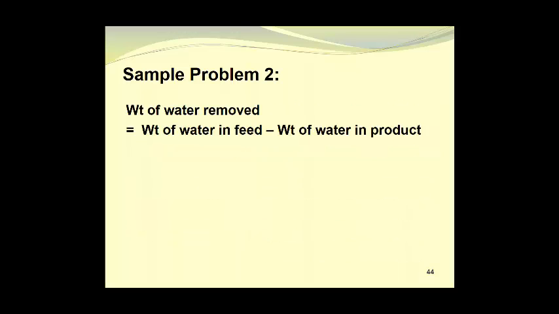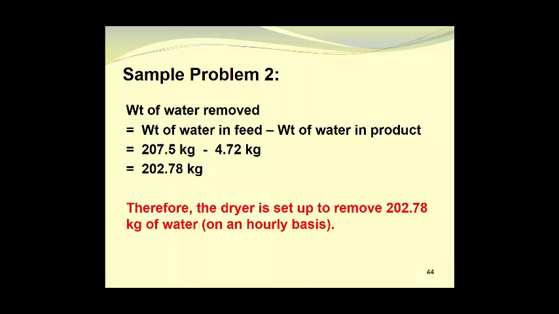So the weight of water removed will be equal to the weight of the water in the feed minus the weight of water in the product. That will be equal to 207.5 kilograms of water in the feed minus 4.72 kilograms of water in the product, so 202.78 kilograms of water are being removed in this drying process.